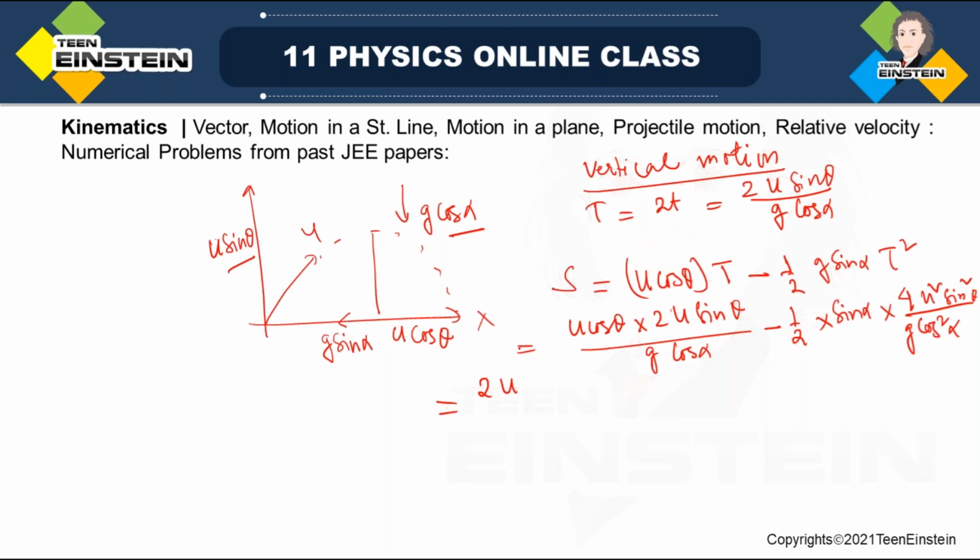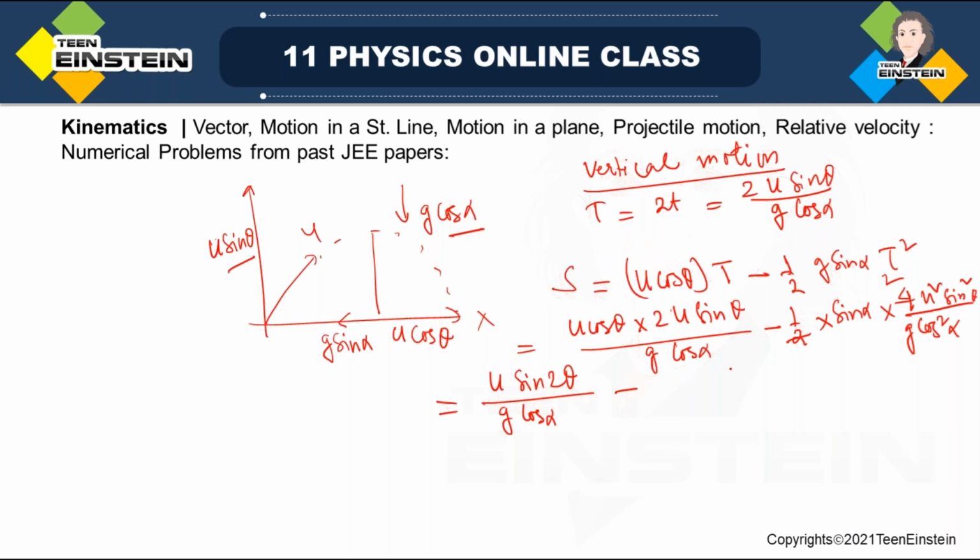Okay, so now if we do a little bit of simplification, what we get is 2 into u cos of theta sine theta. Let me write this as u into sine 2 theta divided by g cos of alpha, minus this 2 goes with this.